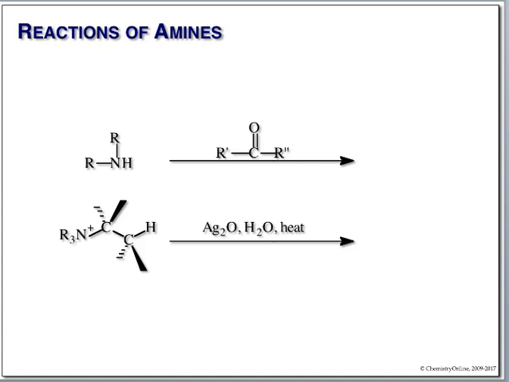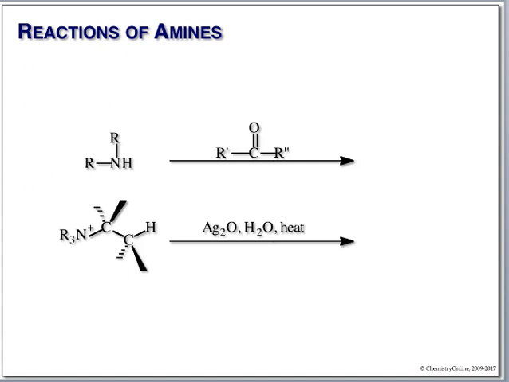Once again, we have simply an amino group. This is a secondary amine, however. And now we have a carbonyl. If these two were to add together, they would form, by definition, a nitrogen with a double bond to the carbon and a positive charge. That's an ammonium ion.